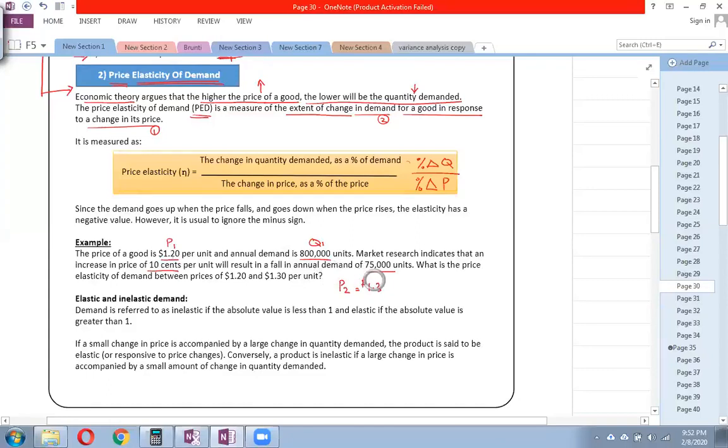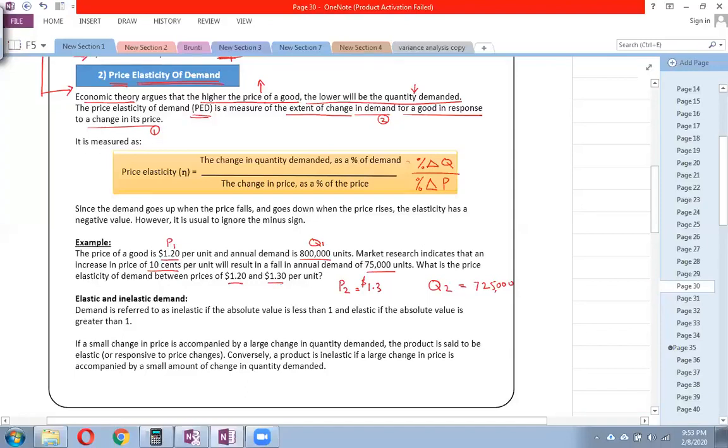So 800,000 reduced by 75,000, the second quantity will be 725,000. What is the price elasticity of demand if the price has changed from this to this?